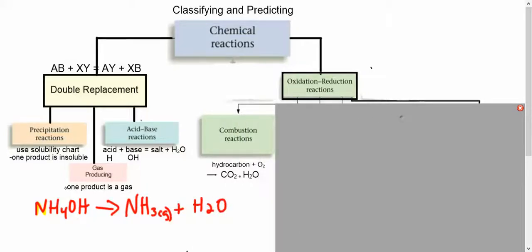So if ammonium hydroxide is one of your products, you will actually have three products listed. You'll have ammonia and water.